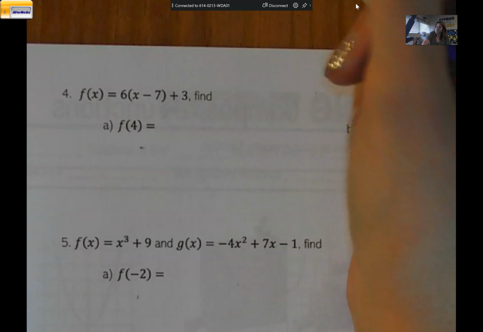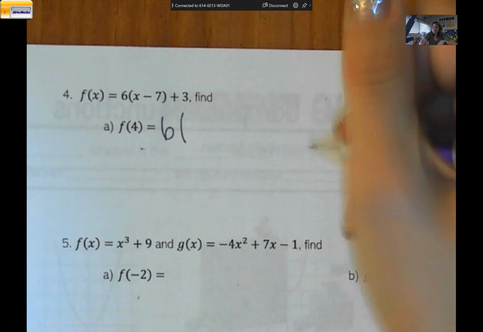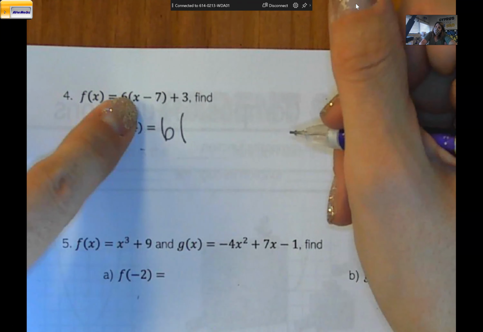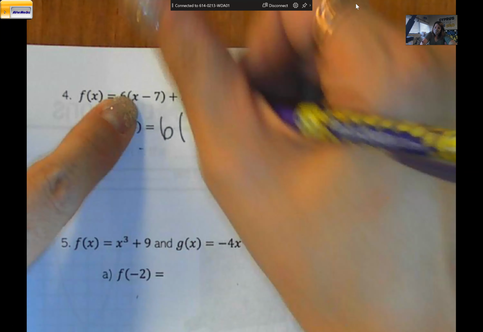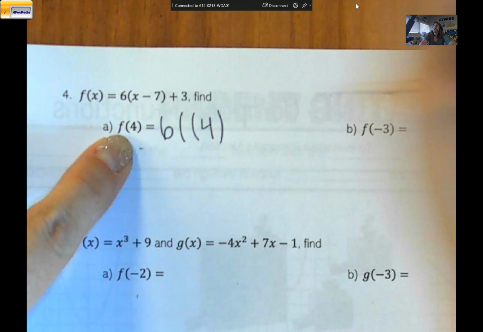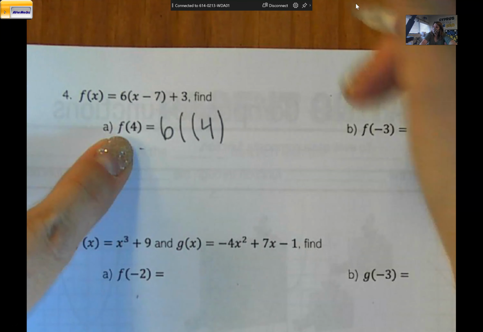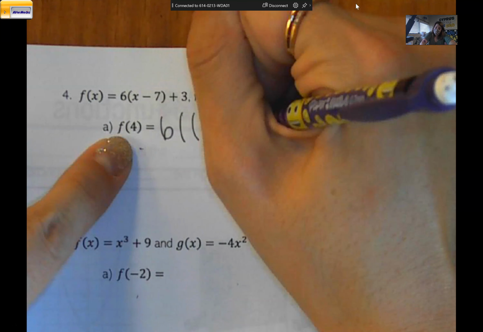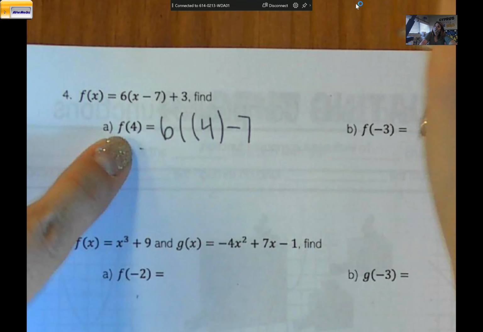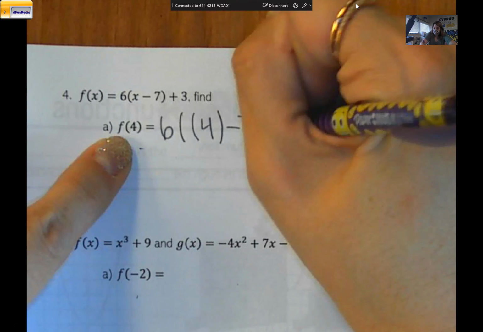So how I personally would write this is 6, parenthesis, and then instead of that x, I'm going to plug in parenthesis 4. I know that looks weird, but I always use parentheses. Then I'm going to do a -7, end the parentheses, plus 3.